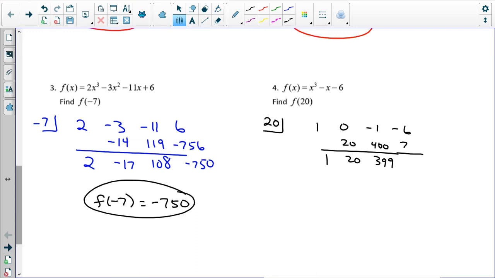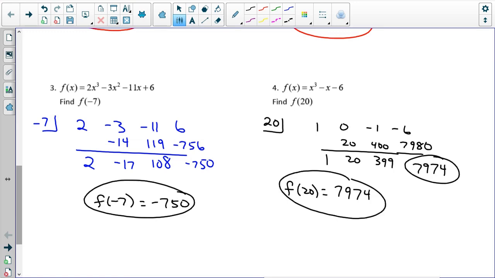So that's 7,980. So I end up with 7,974. So I end up with f of 20 equals 7,974. All of these things are a lot easier to do by hand once you know synthetic substitution.